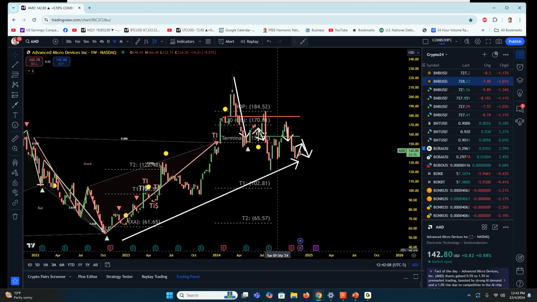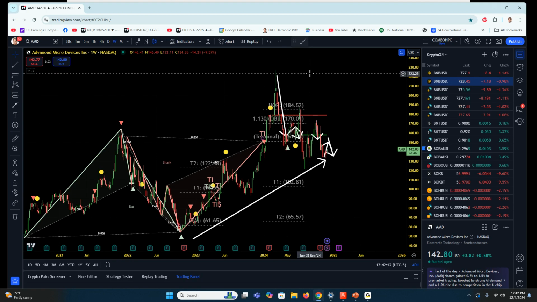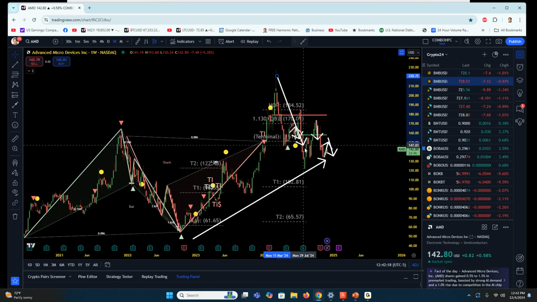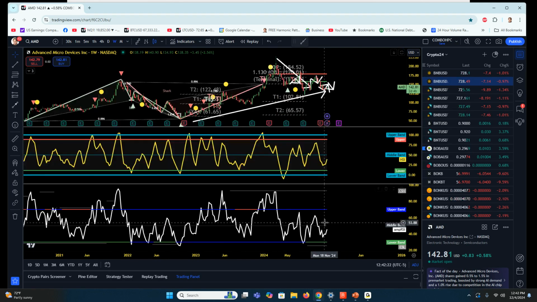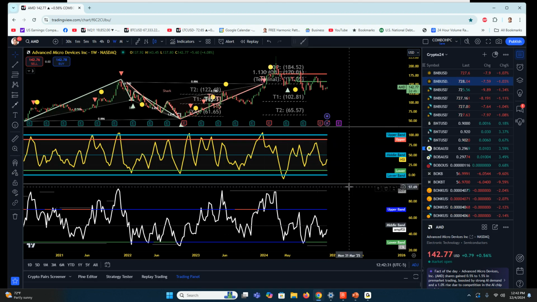And the weekly has this big bearish pattern here, the shark pattern. It's kind of like Bitcoin, just did a nominal reaction, came down. We got a dot, but not a heck of a lot going on here. I would even want to see amplified go back up, HSI back above the 50, but that's one of the reasons why the weekly is not doing much.